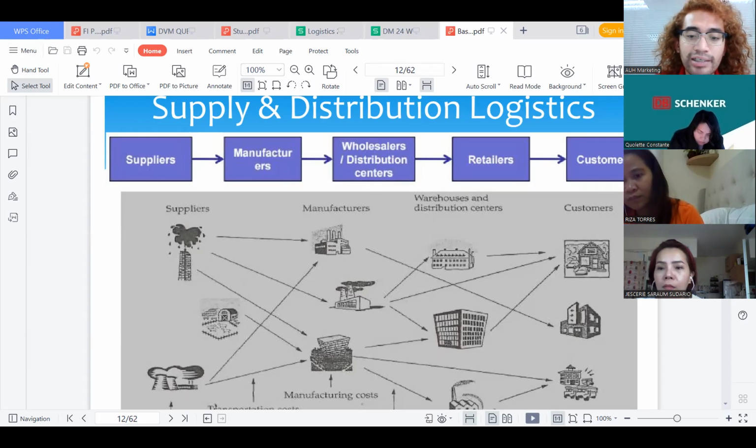Bullet points and essay form. Send it to my email at hotmail.com. The subject of the email is basic logistics, and the name of the student.